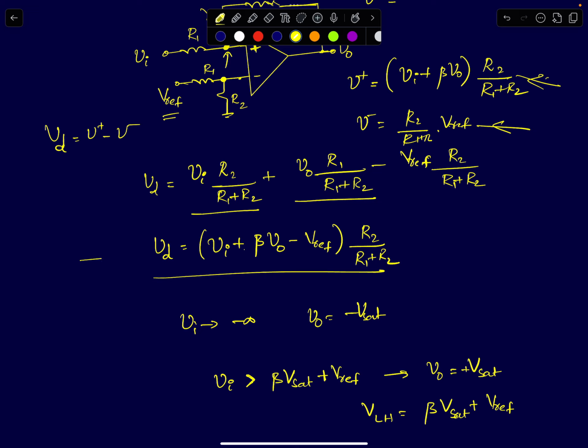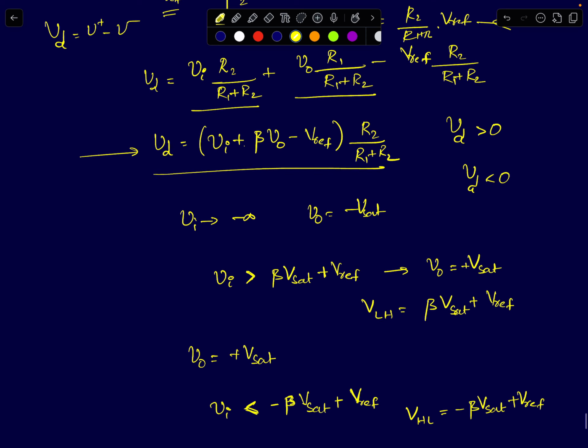Remember, whenever a comparator's output is changing, if your Vd is greater than 0, your output will go to plus Vsat. If your Vd is less than 0, your output will go to minus Vsat. So I don't even have to analyze the circuit. The transitions happen whenever your Vd is greater than or less than 0, or I can translate that in terms of Vi.